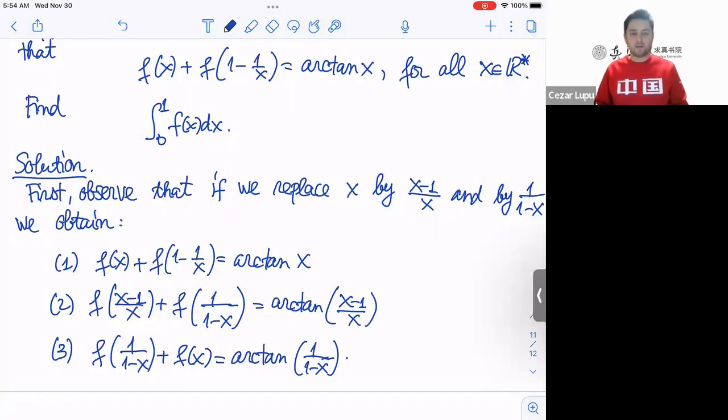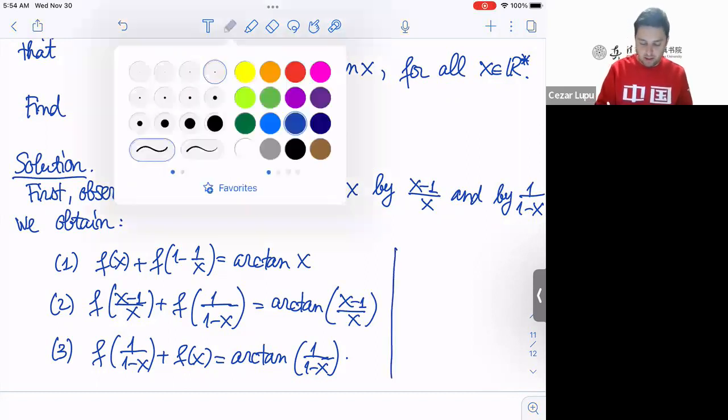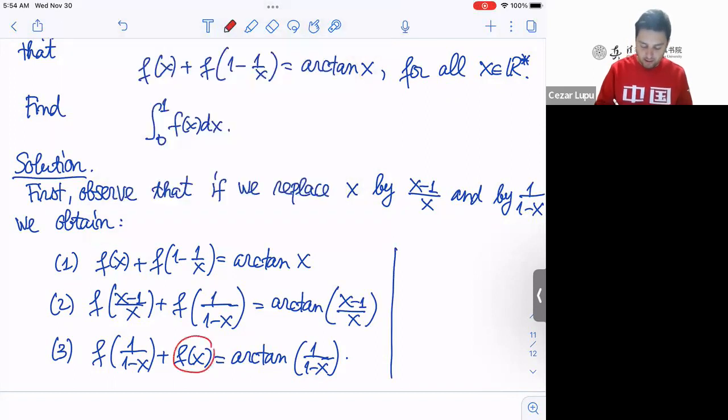Well, if we look at these three functional equations, our goal is to get this guy here, f of x. So we have it here. So maybe we should not subtract 1 and 3. That would not be productive for our goal. So maybe we should add them up.